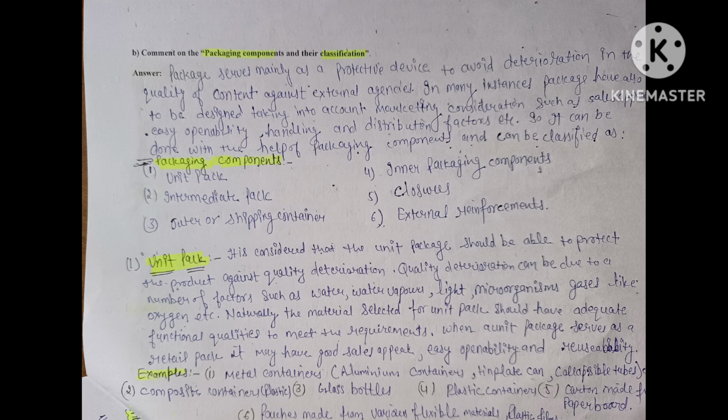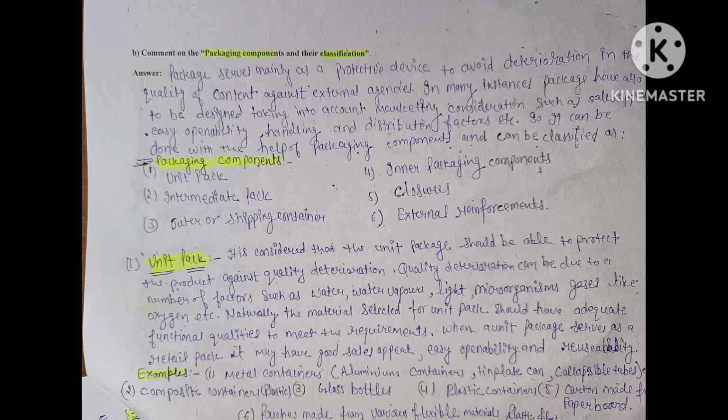Naturally, the material selected for a unit pack should have adequate functional qualities to meet the requirements. When a unit package serves as a retail pack, it may have good sales appeal, easy openability, and reusability, as already discussed. Examples of unit pack are metal containers, aluminum containers, tin plate can, collapsible tubes, etc.